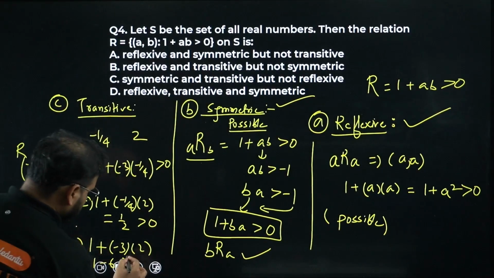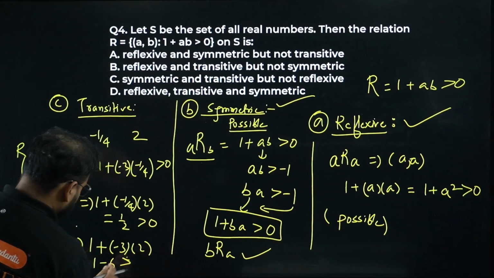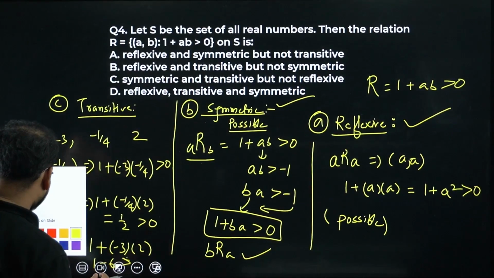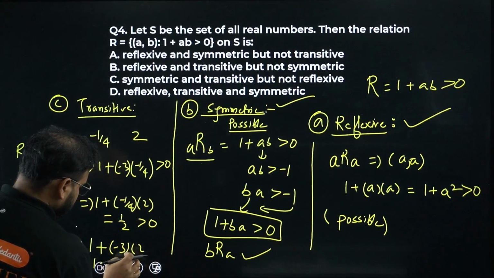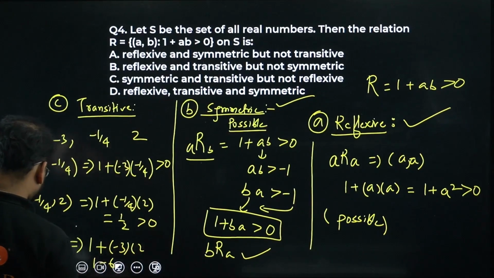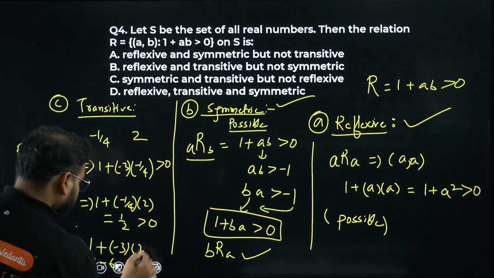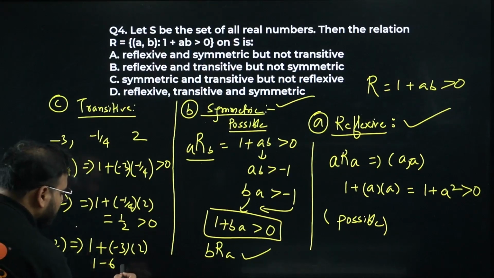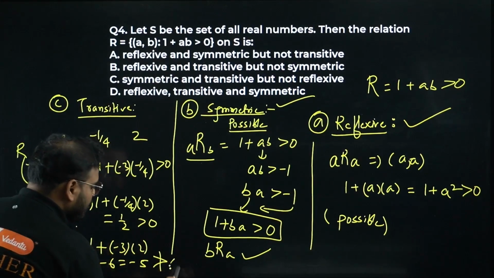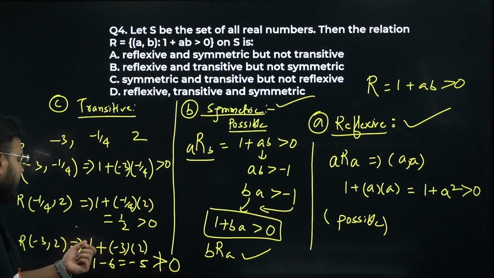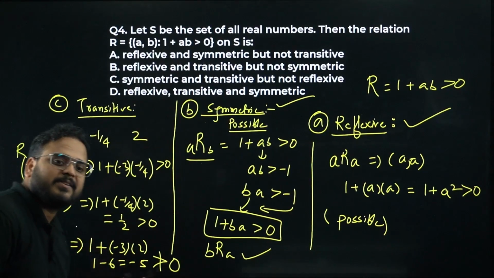Let me write it over here. So 1 minus 6 will become minus 5, which is not more than 0. Please check. I'm getting here 1 minus 6, which becomes minus 5, which is not more than 0.